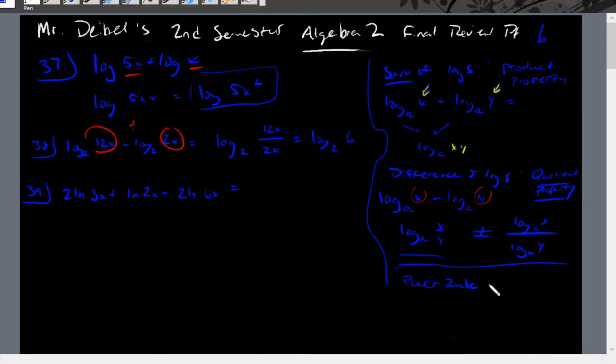So for the power rule, if you've got some number in front of your log, you can move that number as an exponent to the value inside your log. So you'd have log base a of x to that power of whatever number is in front here.